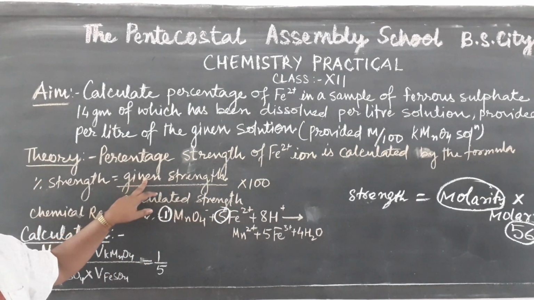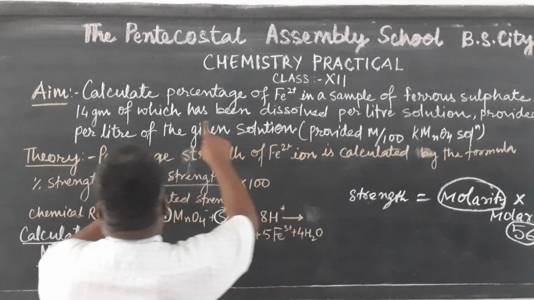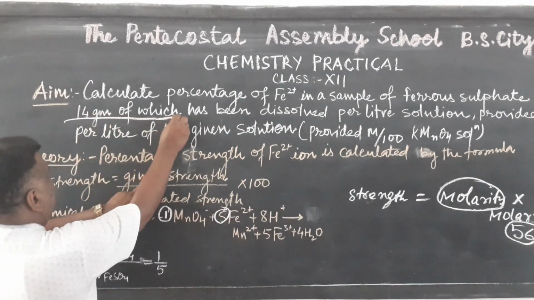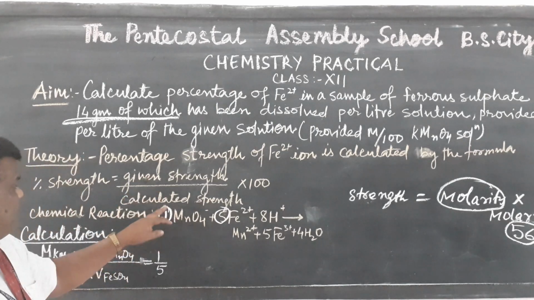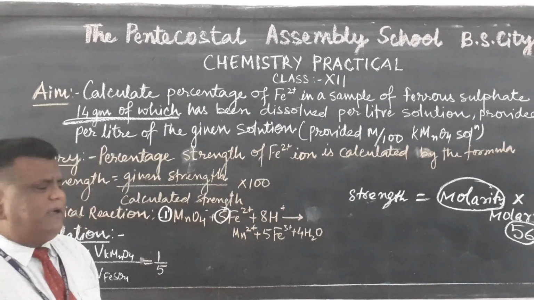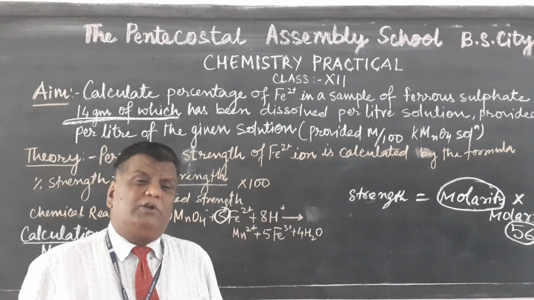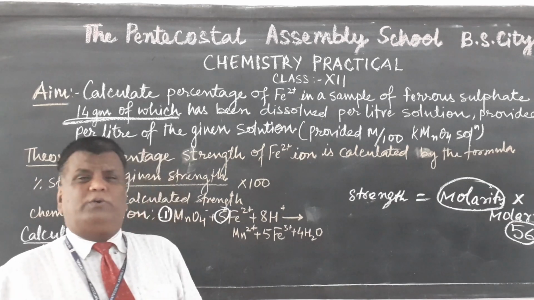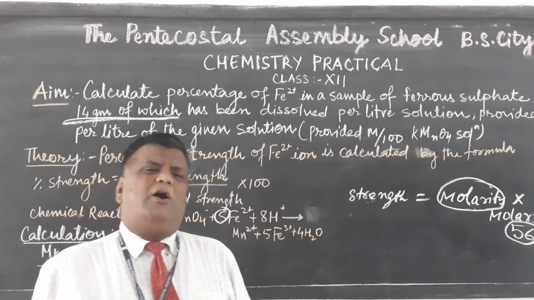Given strength is 14, that is given. 14 gram is given, calculated strength we have done, and then into 100, so you can get the final result.